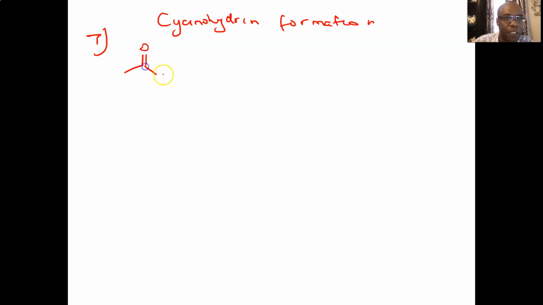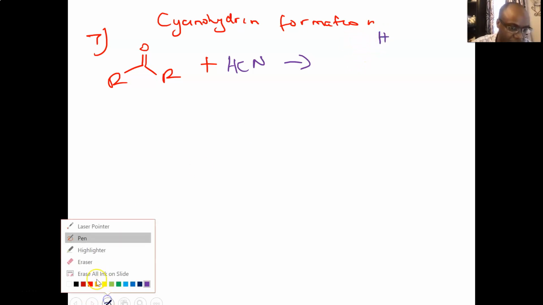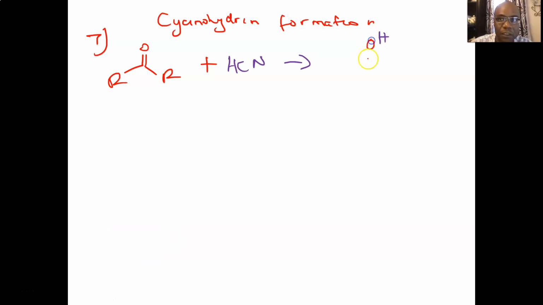So if you have a carbonyl containing compound, ketone or aldehyde, and you're adding HCN, the summary is that you will be adding your H on the oxygen. This is just a shortcut, and the R groups will stay.